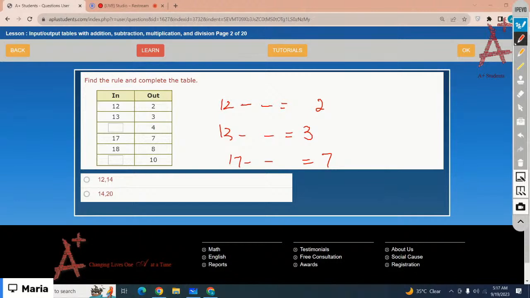You are subtracting 10 for each input value to get the output value. 12 take away 10 is 2, 13 take away 10 is 3, and 17 take away 10 is 7. So here you have 4, that means that is 14. Here you have 10, so that means it is 20. So the missing values are 14 and 20, right? The second option is the correct one.